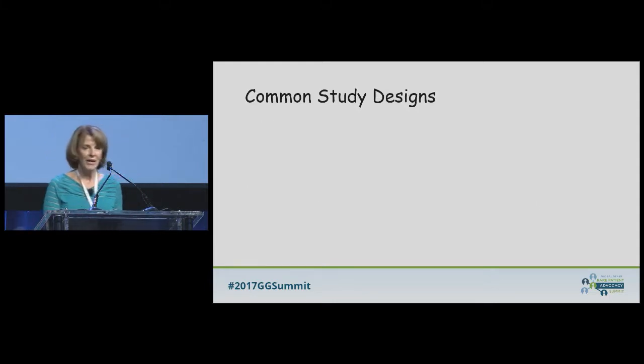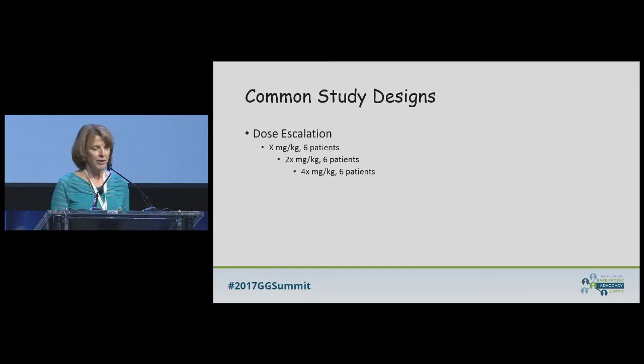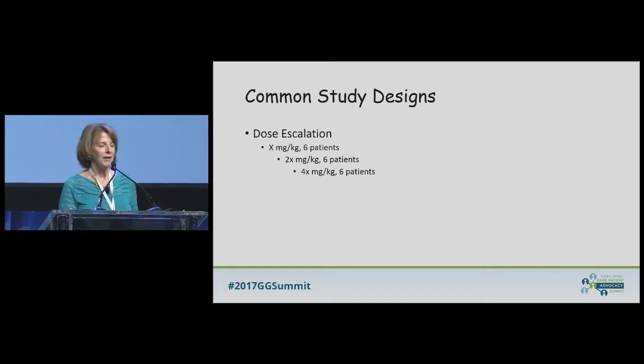And a little bit about study designs. There are lots of different study designs, and the FDA will generally work with you on determining what the best design might be for a rare disease trial. I'm just going to mention a couple of the more common ones. There's a dose escalation study design where you may start patients out at a low dose, observe them, make sure it's safe, then move on to a higher dose with more patients, and then the next higher dose, and so on.